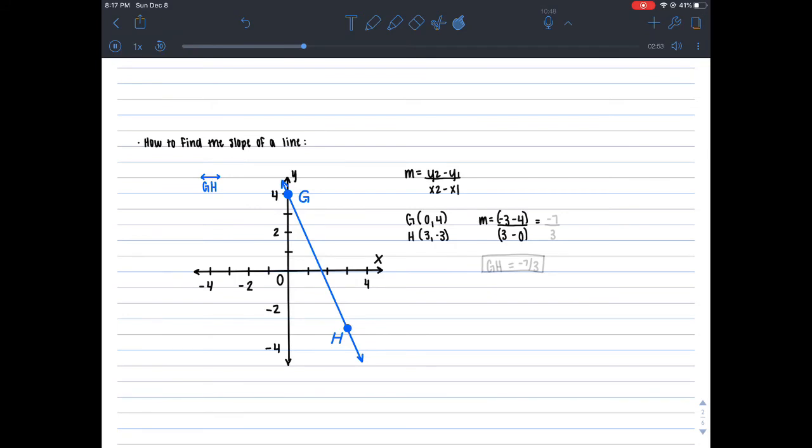This is going to give us negative 7 over 3. So, the slope of line GH equals negative 7 over 3. This is how you find the slope of a line.